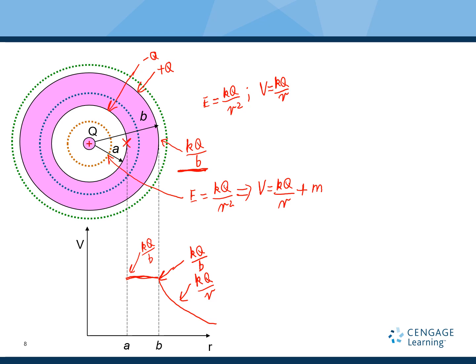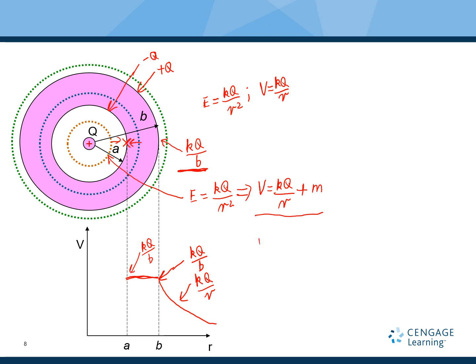So we want the potential evaluated from this side to be equal to the potential evaluated from that side.